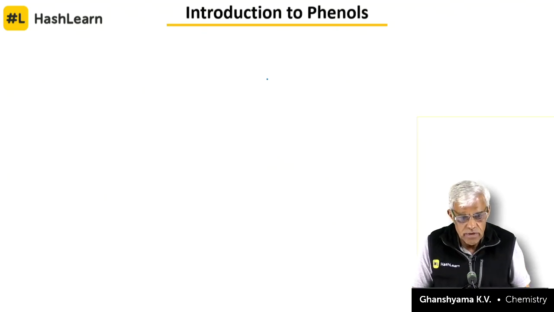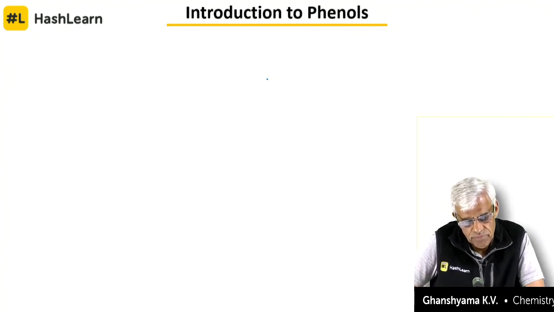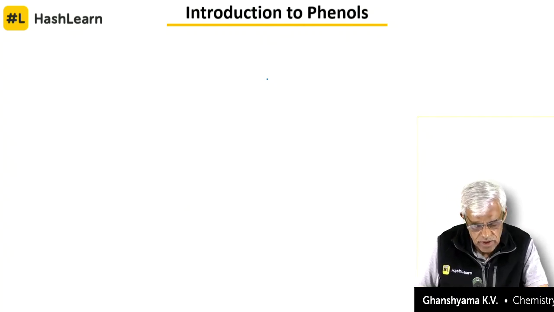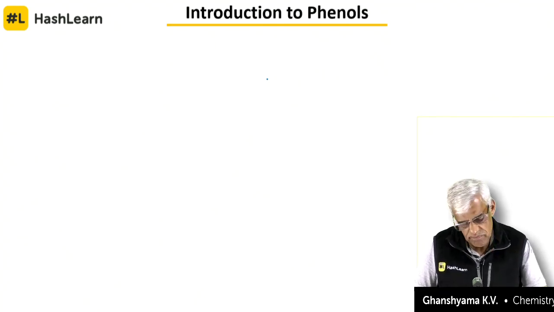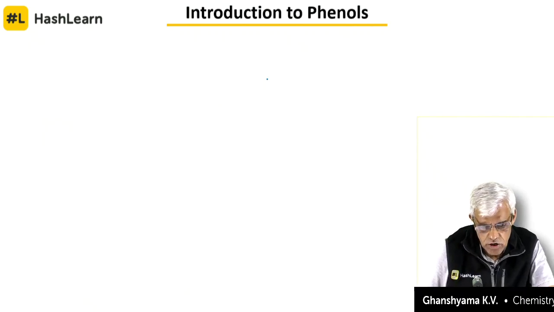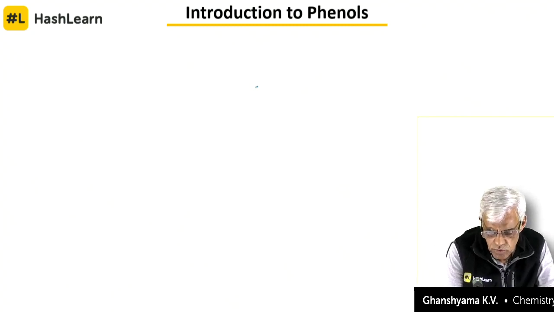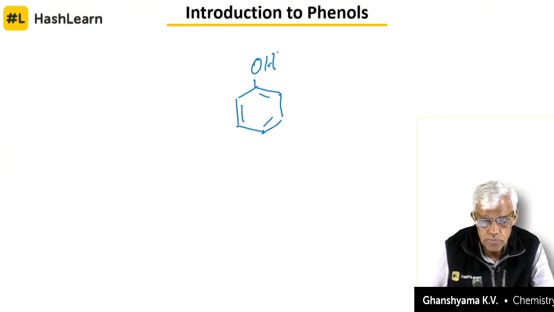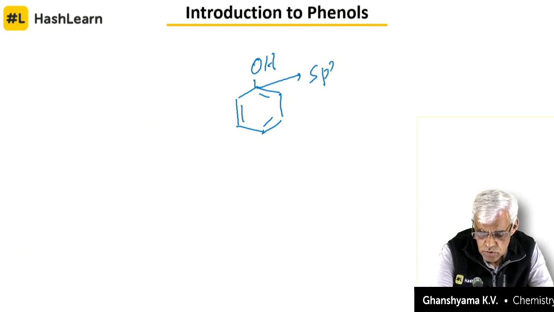I will go to the day's portion, Introduction to Phenols. Right. Phenol, as your syllabus says, is an aromatic compound in which the OH group is connected to the benzene ring directly, or to sp2 hybridized carbon.